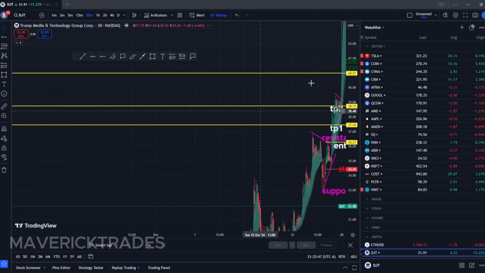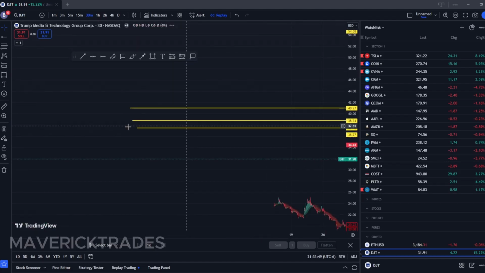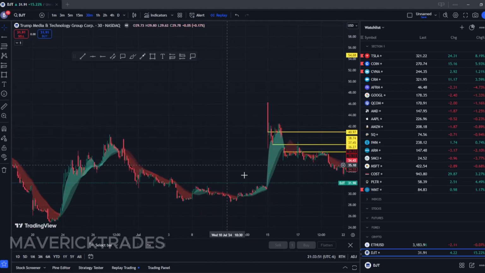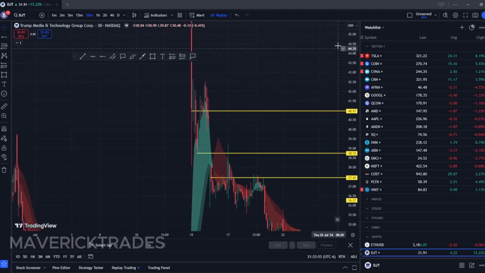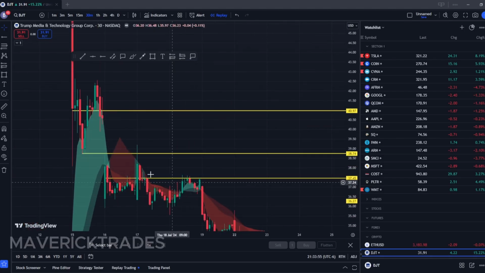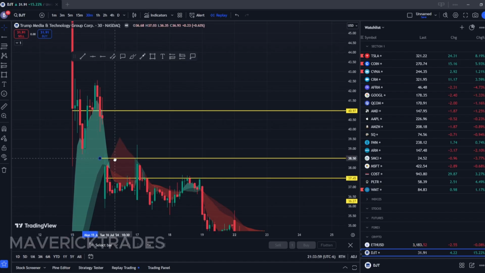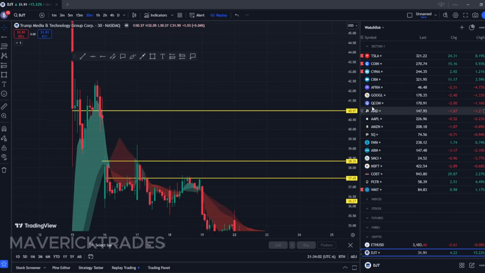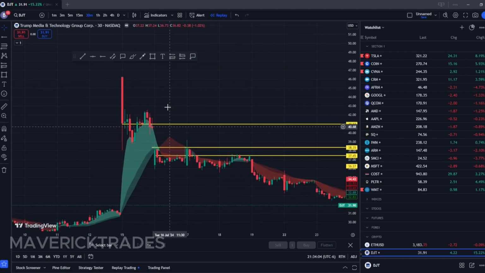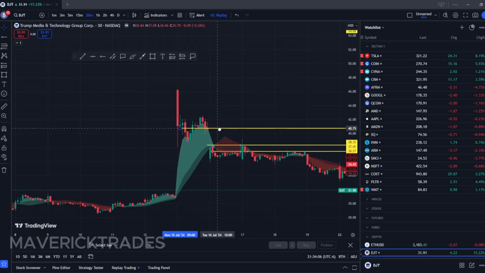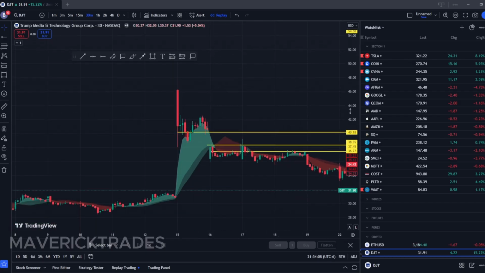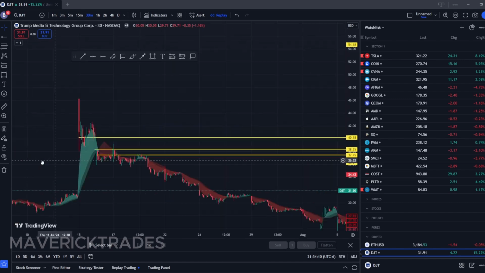So TP1, TP2. Why do we choose these points? If you go all the way back to previous action, you have resistance here, and you have resistance here, and then you also have a little bit of resistance here as well. I should have probably adjusted these a little bit better, but okay.